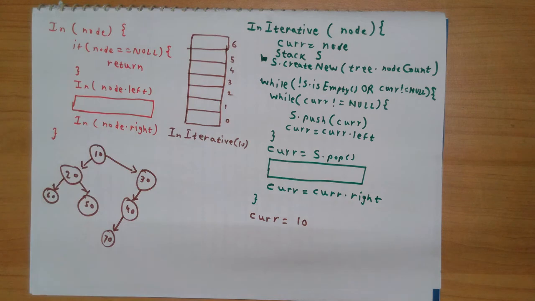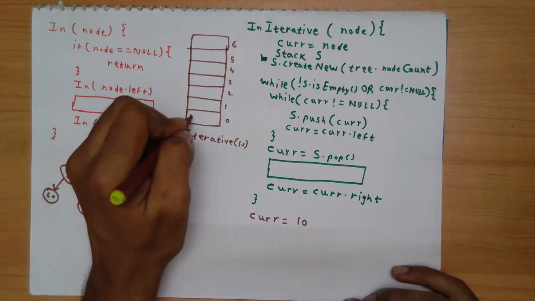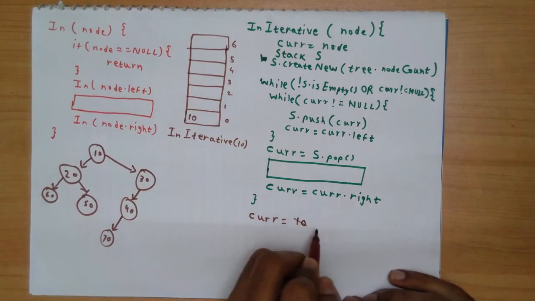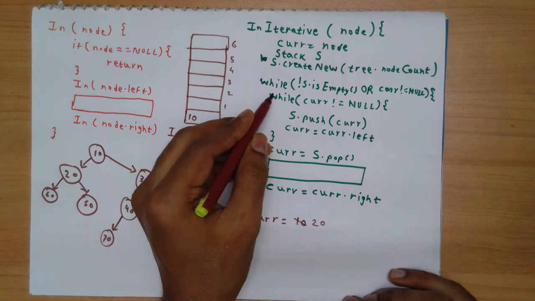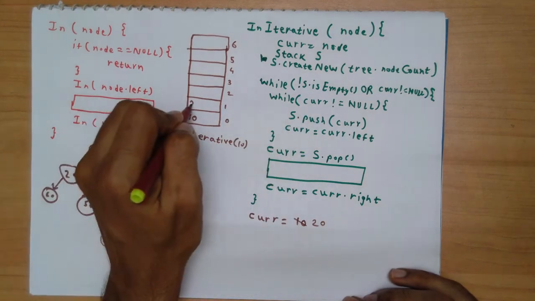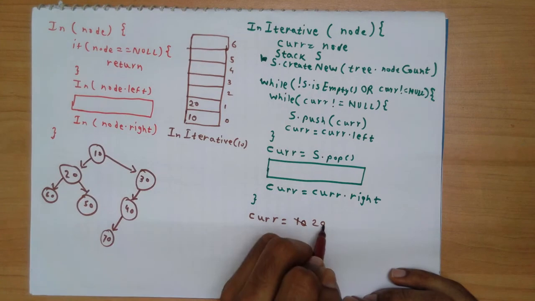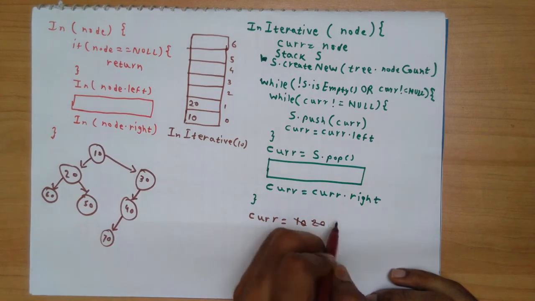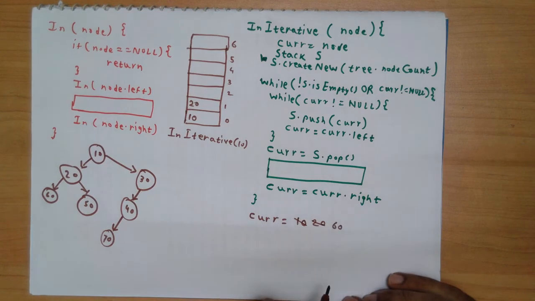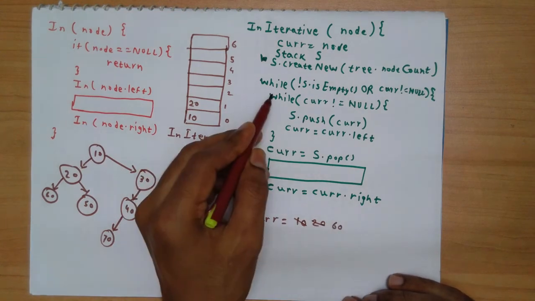So what will happen is, first I'm going to push 10 onto the stack, and then my current will become 20, and I come back and current is not null, so I'm going to push 20 onto the stack, and then my current will become current dot left, so it will be 60, and then I will ask the question, is my current null?